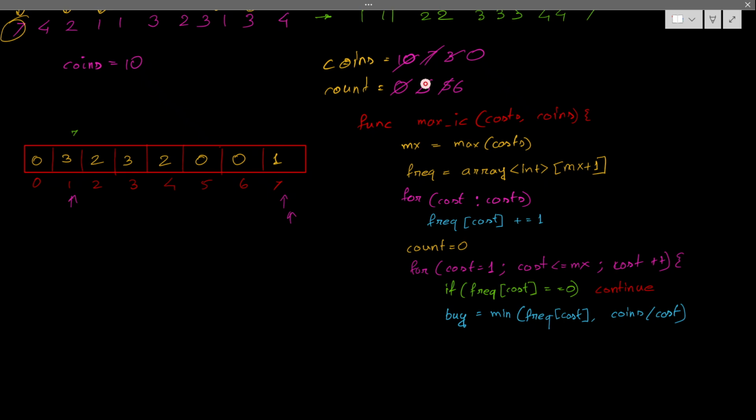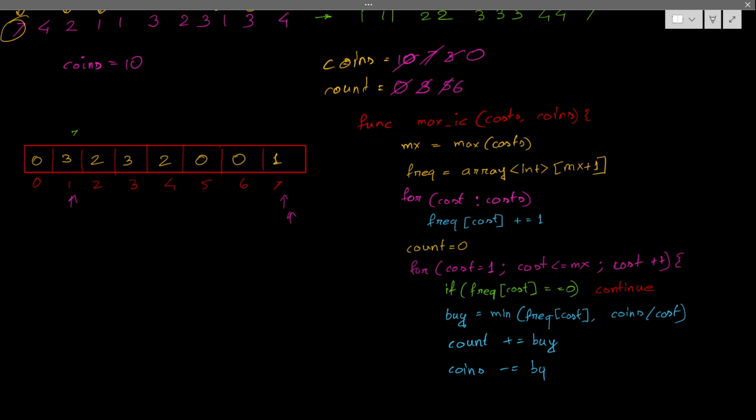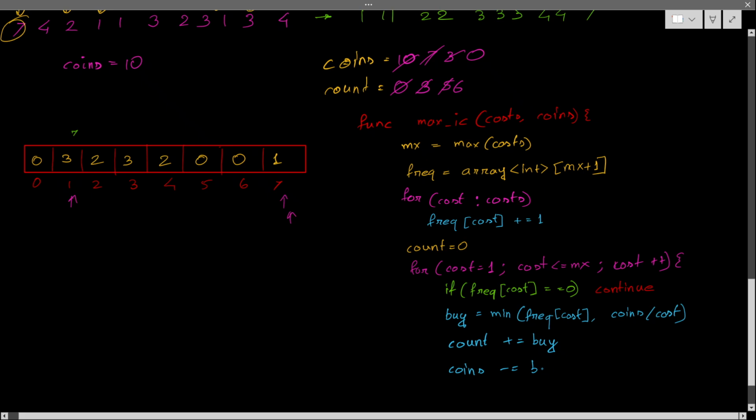Count plus equals the number of candies I am buying, and I have to reduce my current coins. So coins minus equals how many candies I am buying times the cost of each candy, which is nothing but cost. This I am going to subtract from my coins.